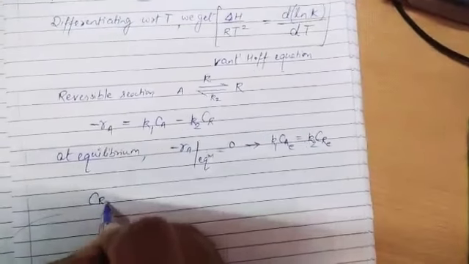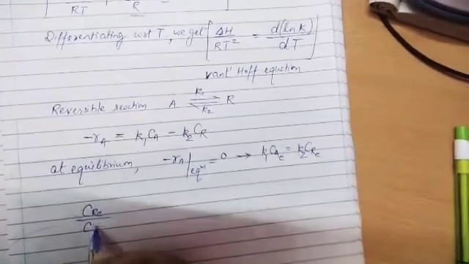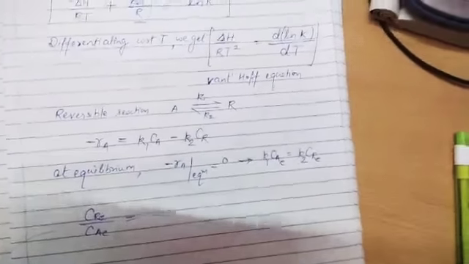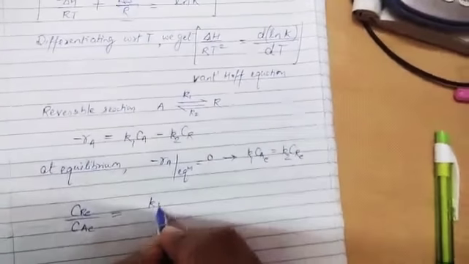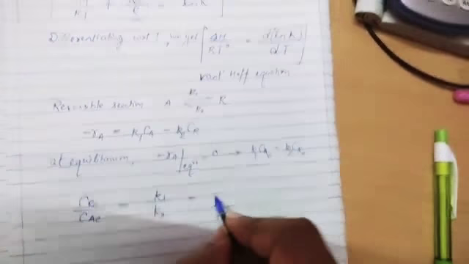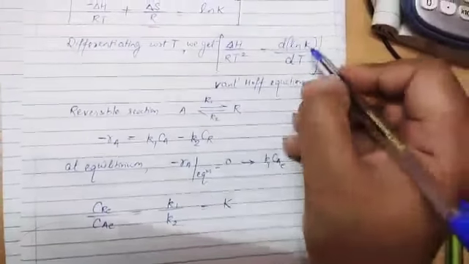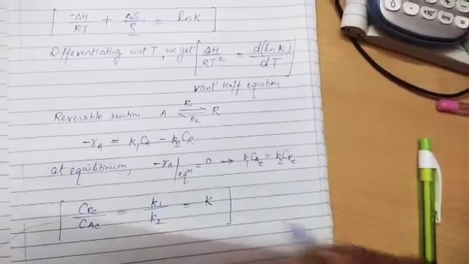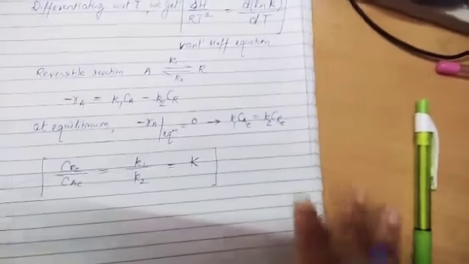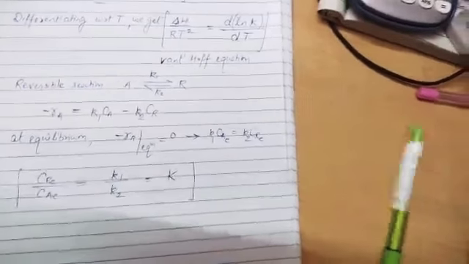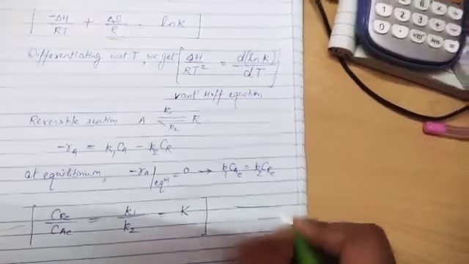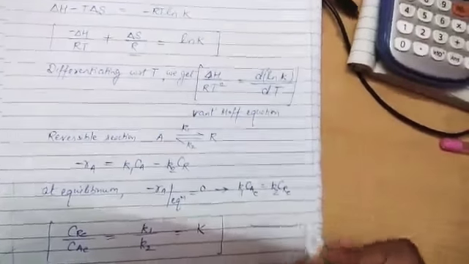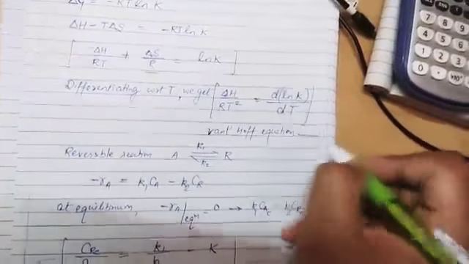From here we can write CRE upon CAE is equal to small k1 by small k2, which will be equal to our capital K. This is how we relate the equilibrium constant to the rate constants. Let's give this equation number 2 and the van't Hoff equation number 1.